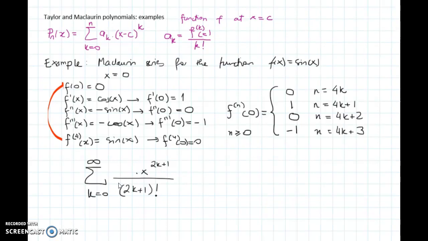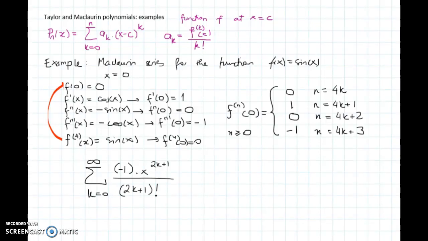We always have the corresponding index factorial. And then what we are missing for the coefficient is the idea that we're going to be alternating between 1 and negative 1. So, of course, we're going to have negative 1 to the power of something, and we want it in such a way that multiples of 4 plus 1 give me positive, and multiples of 4 plus 3 give me negative.